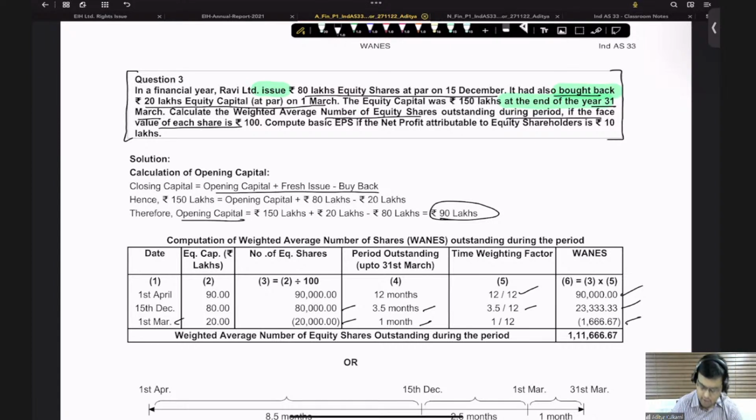So when you do this, you will ultimately have a WANES of 1,11,667. Have you understood this part? Yes. Have you understood this?